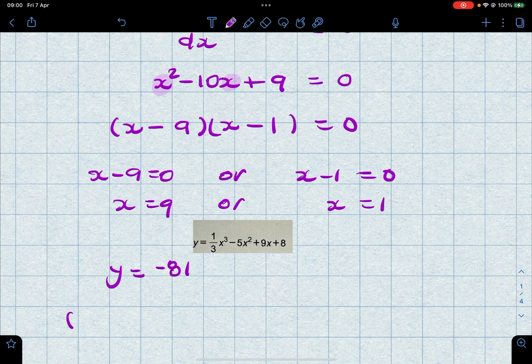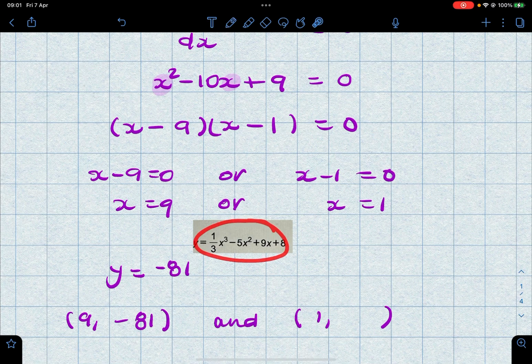So my first point is 9, minus 81. And my second point is x equals 1. Now I'm going to substitute 1 in there and see what I get. And I get 13 over 3. So these are my stationary points.